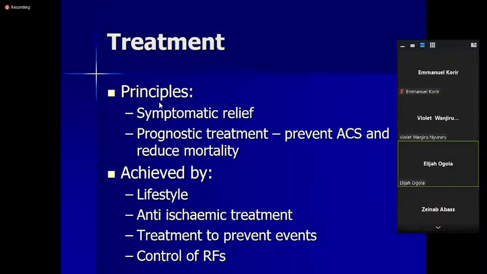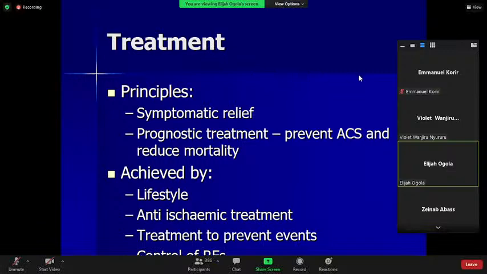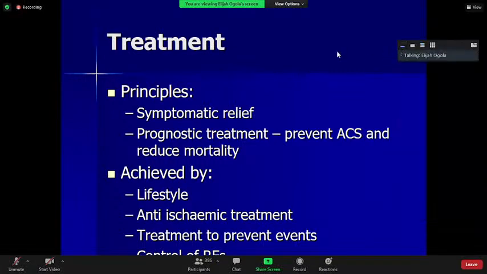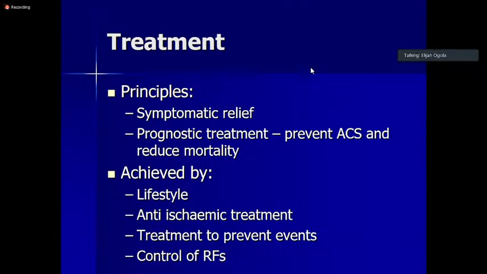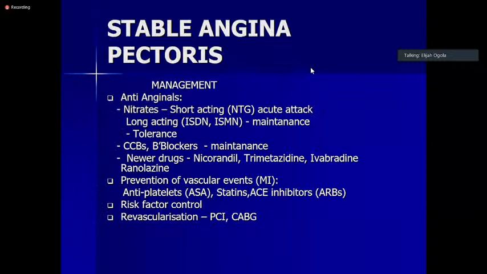So how do we do this? We achieve this by one, lifestyle, extremely important. Two, anti-ischemic treatment, so that's the ones that reduce the pain. And three is the treatment to prevent events, that's the prognostic treatment I've talked about there. And then the control of risk factors.